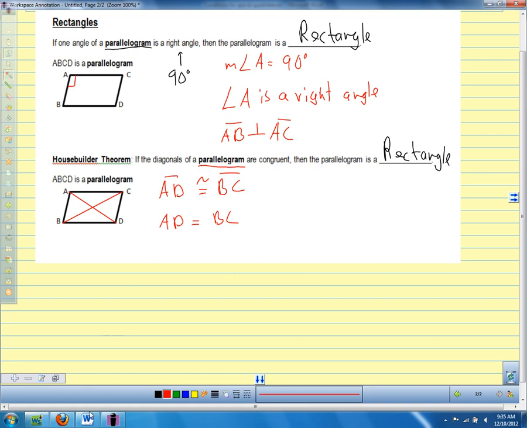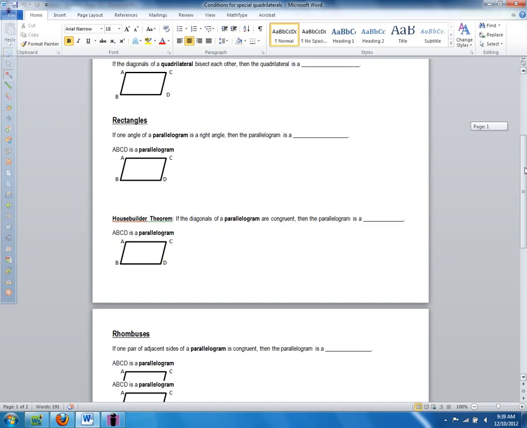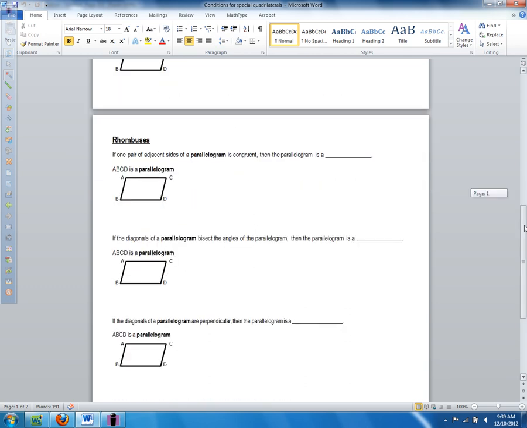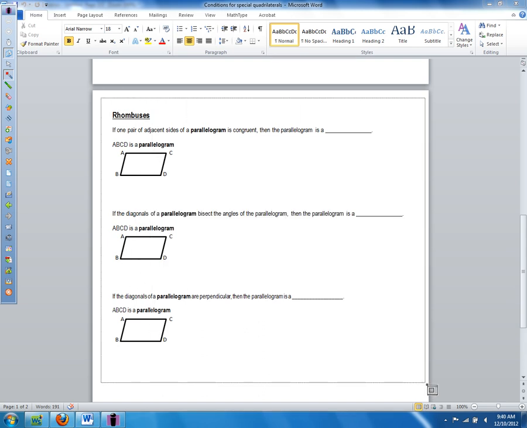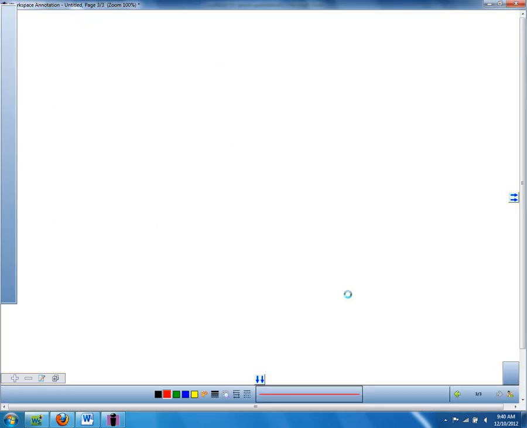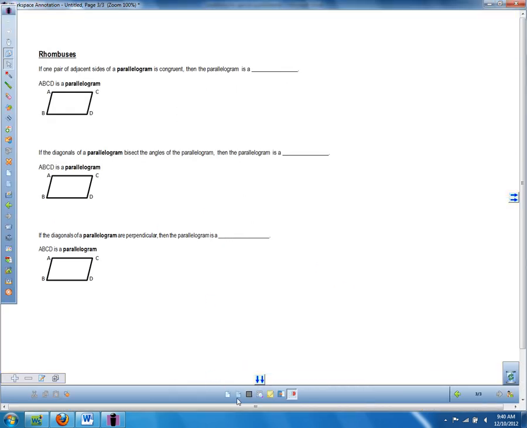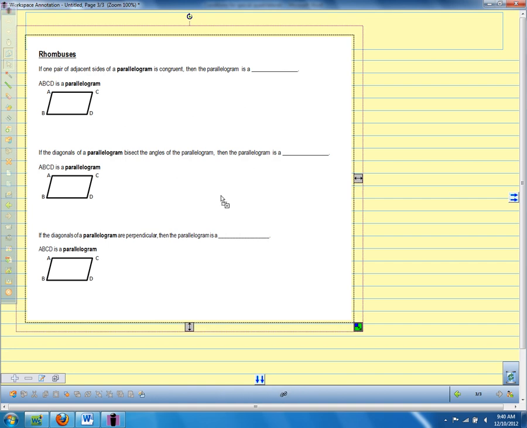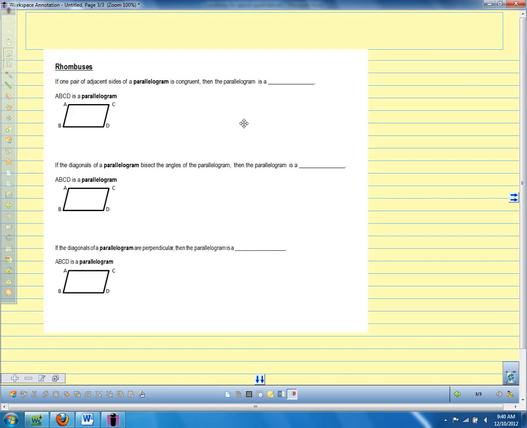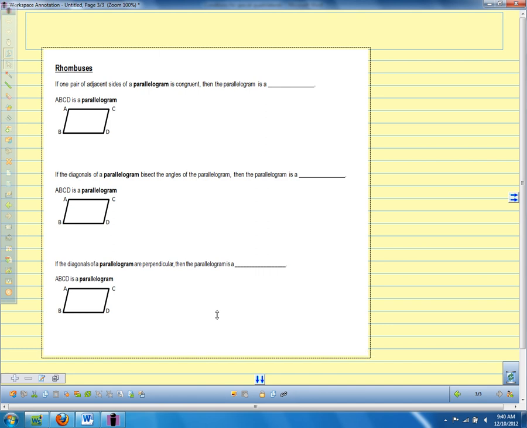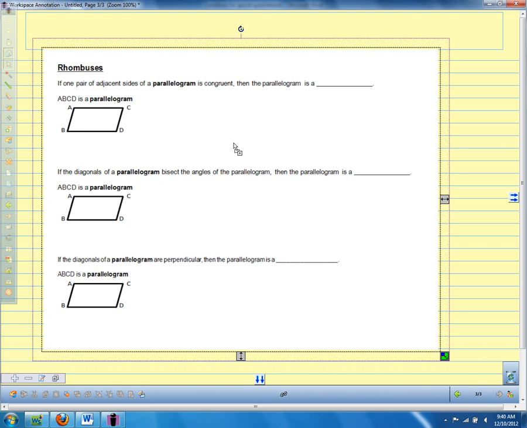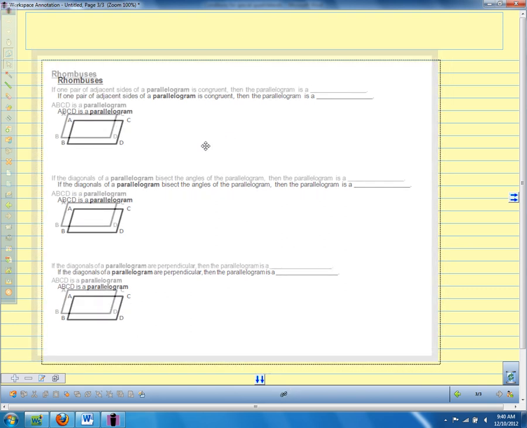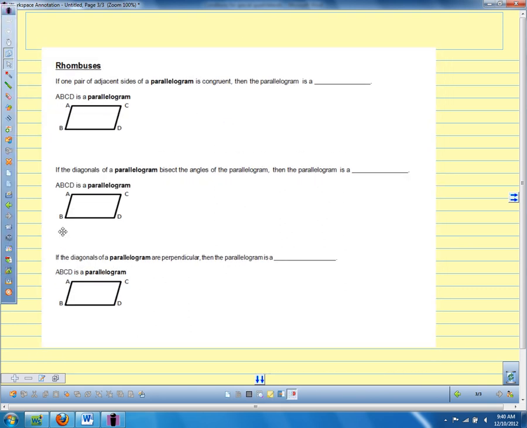All right, let's look at the last one. The last set is all about rhombuses. So again, on this one, we are starting out with a parallelogram, and we want to know what we have to know about the parallelogram to be guaranteed that we now have a rhombus.